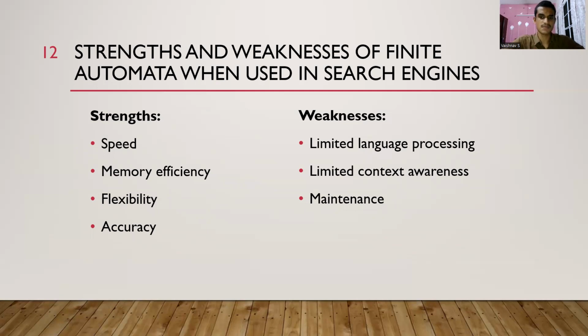They use minimal memory compared to other search engine techniques, making them suitable for searching large databases. They can recognize patterns in various types of data, including text, images, and audio. They are highly accurate in recognizing patterns, which is important for delivering relevant search results.